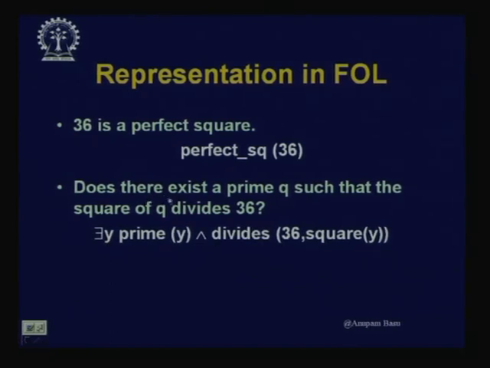Now, in order to answer this question, does there exist, I can also pose it as a theorem which I will be proving. If I can prove it, I can make a statement: there exists a prime q such that the square of q divides 36.